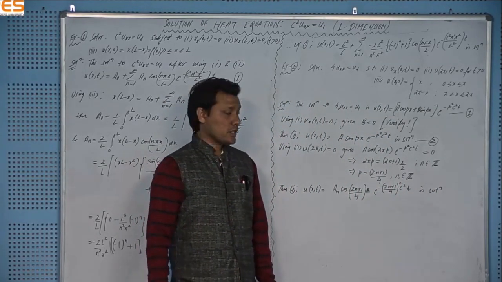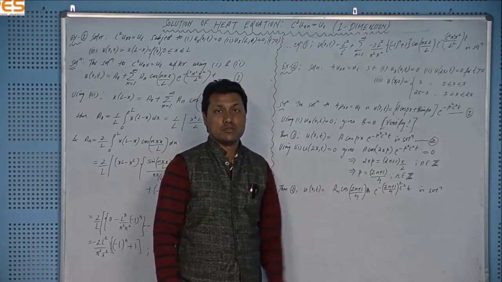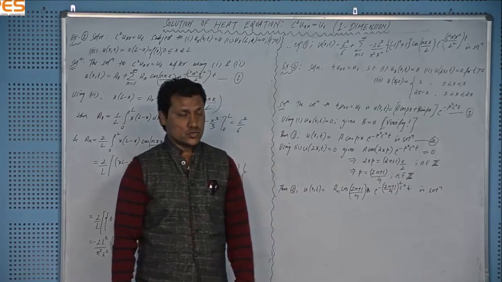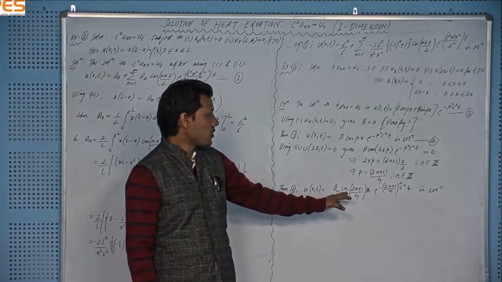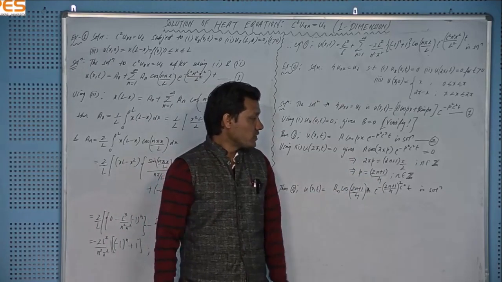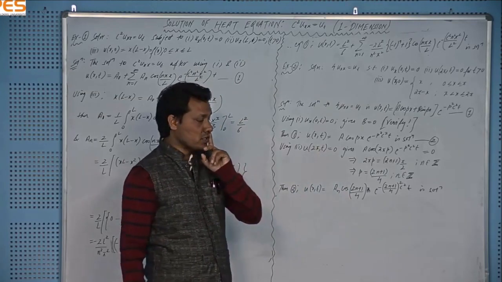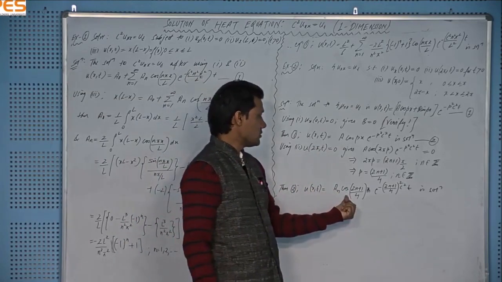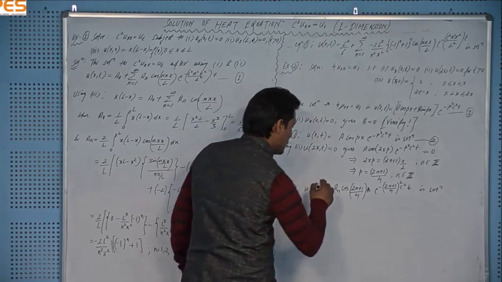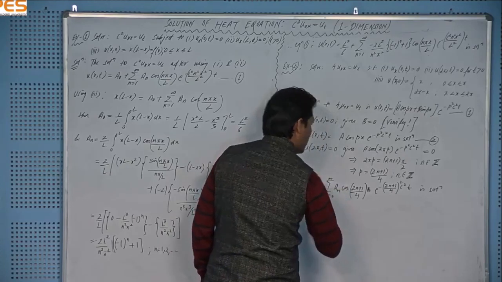Is there a need to write n belongs to Z, or will n equal to 0, 1, 2, 3 work? Obviously negative values of n should not be written here, because cos of negative will be positive, and this is also positive for any value of n. So n equal to 0, 1, 2, 3 are possibilities, and if I put n equal to 0, it is not giving the 0 solution, so I have to include n equal to 0 up to infinity.